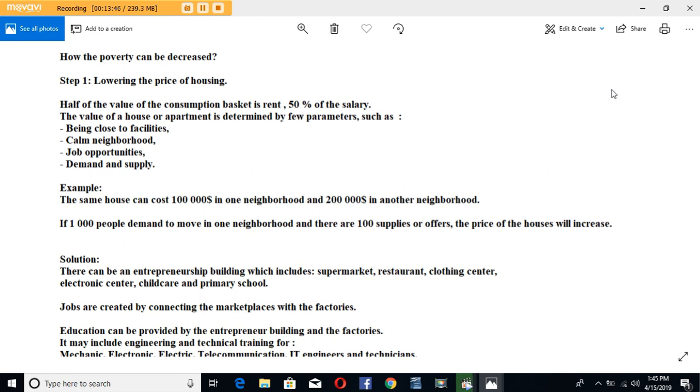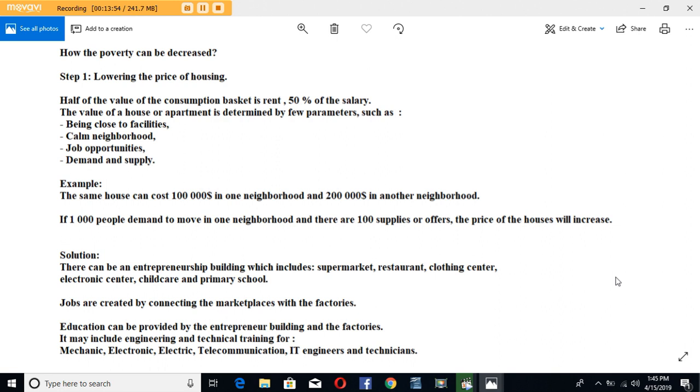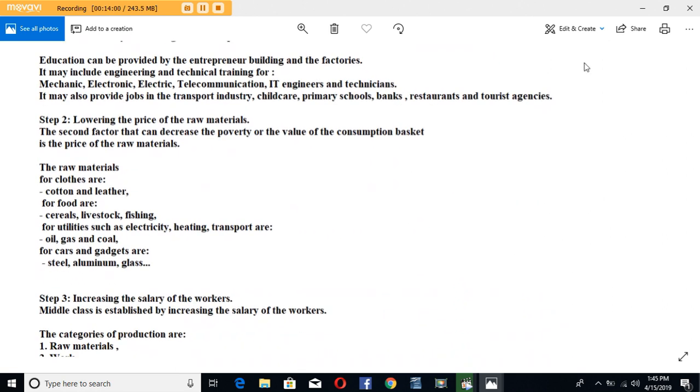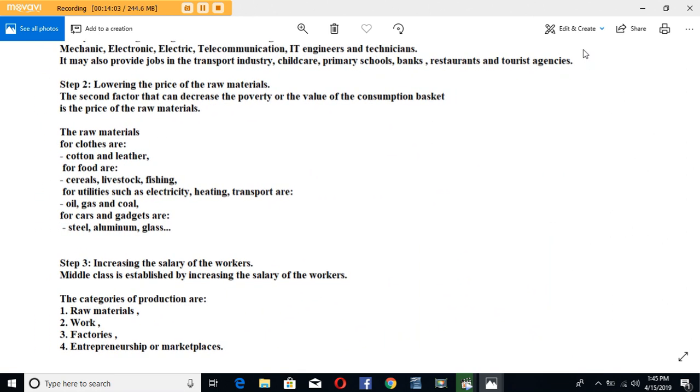Education can be provided by the entrepreneur building in the factories. It may include engineering and technical training for mechanic, electronic, electric, telecommunication, IT engineers and technicians. It may also provide jobs in the transport industry, childcare, primary schools, banks, restaurants and tourist agencies.